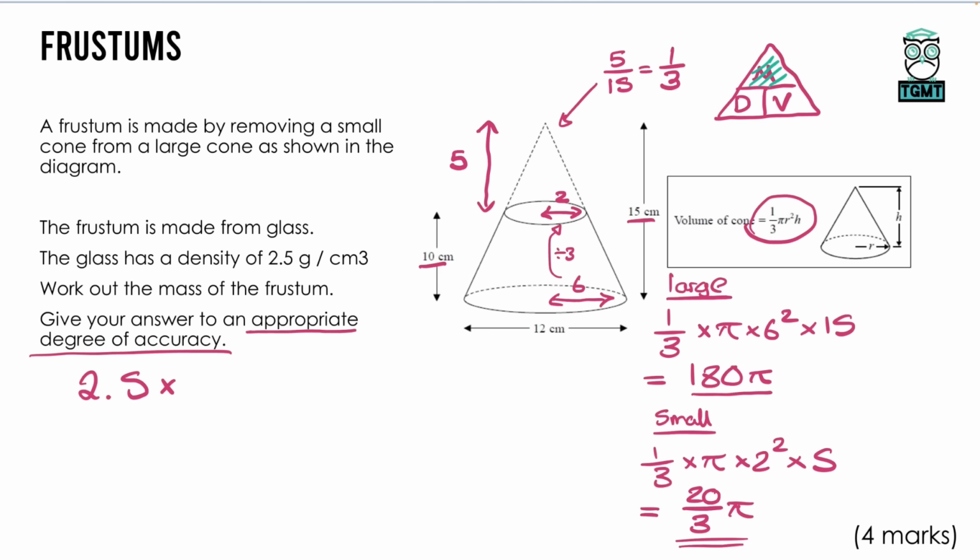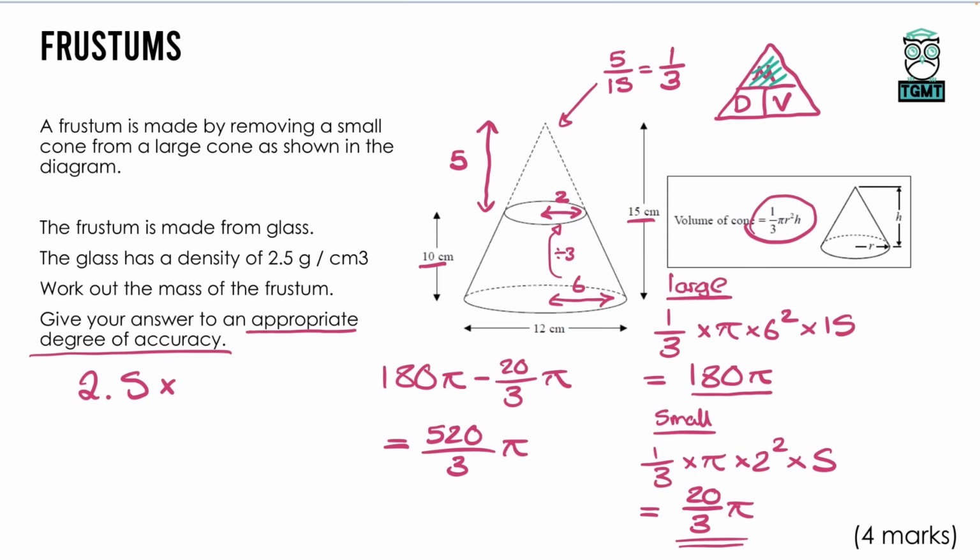So to find the volume of the frustum, which is the whole goal here, because then we just have to times it by 2.5, I just need to do the 180 pi, the large cone, take away this 20/3 pi, which is the small cone, and if we work that out, 180 pi, subtract the smaller one, we get 520/3 pi.